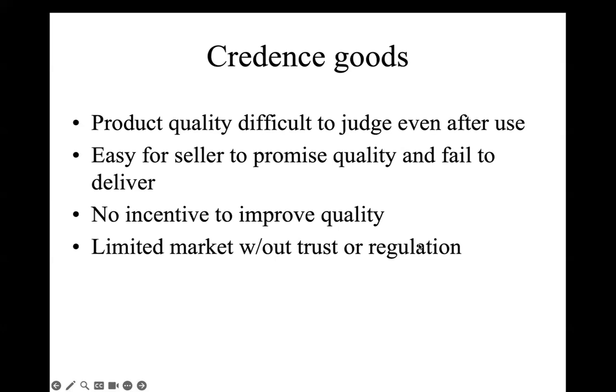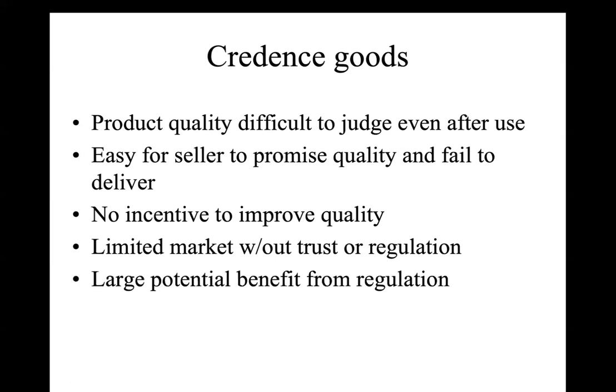And so regulation is going to limit bad behavior to protect the consumer at some level. So some level of regulation and some level of trust as a substitute for monitoring might still lead people to participate where goods are credence goods.